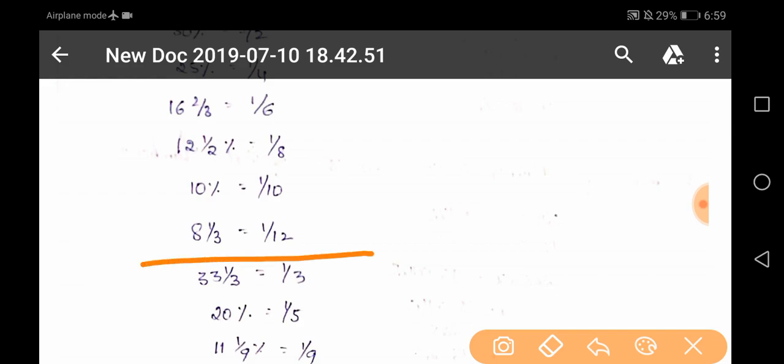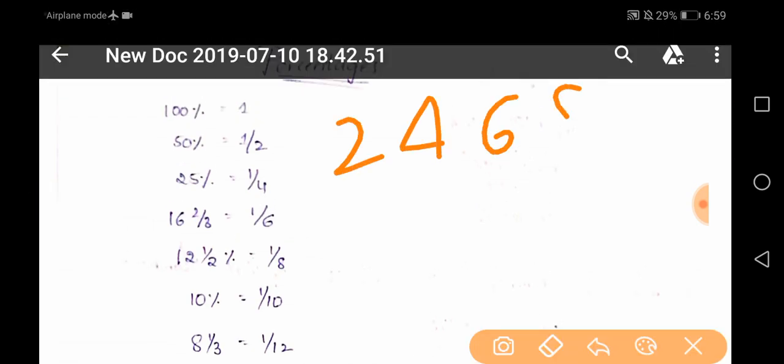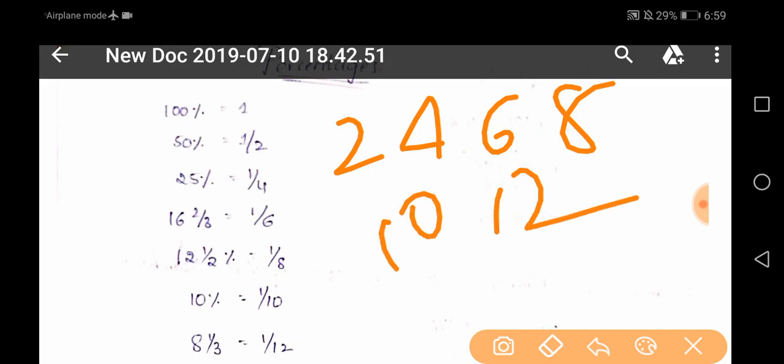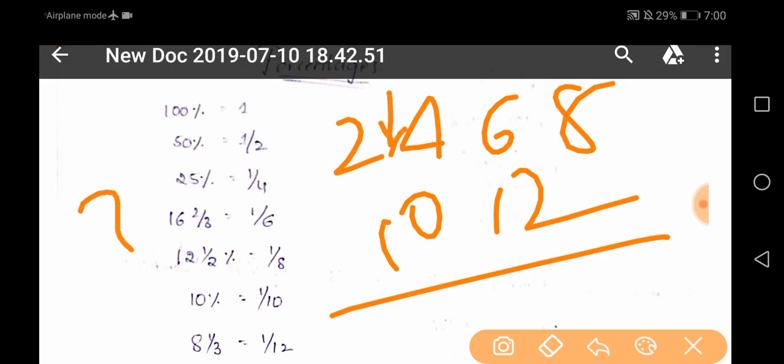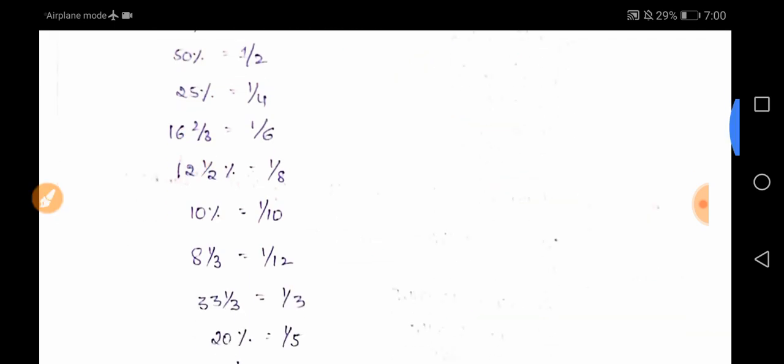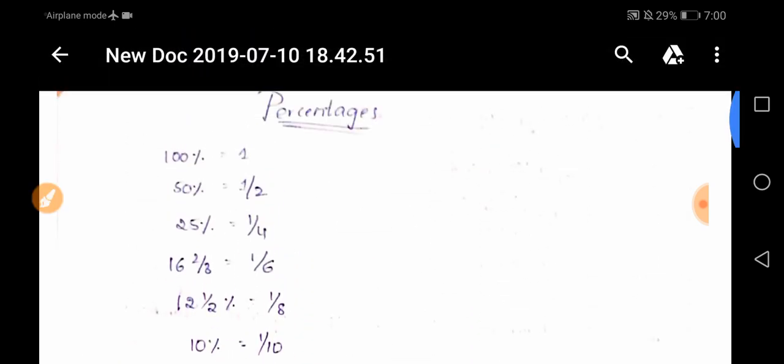These are all even numbers, right? Other than 1, all are 2, 4, 6, 8, 10 and 12. After completing 12, just consider the odd numbers: 3, 5 and 9. These are the main ones to remember. These will come very frequently in the problems.